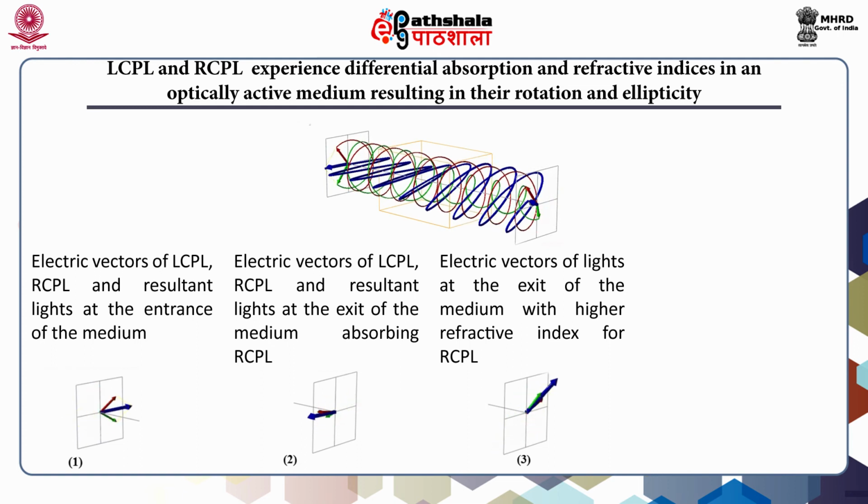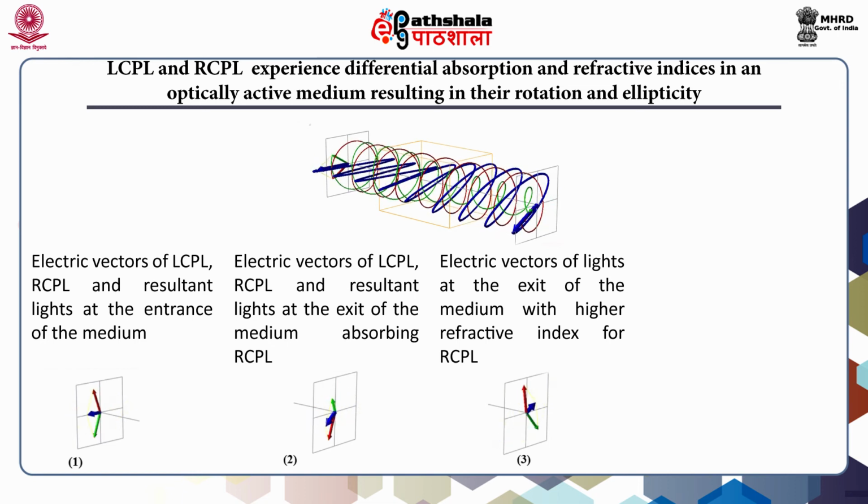That leads to a decrease in its velocity and hence creates a phase difference compared to the other wave, and it looks as if the plane of the linearly polarized light, that is the resultant light, is rotating.